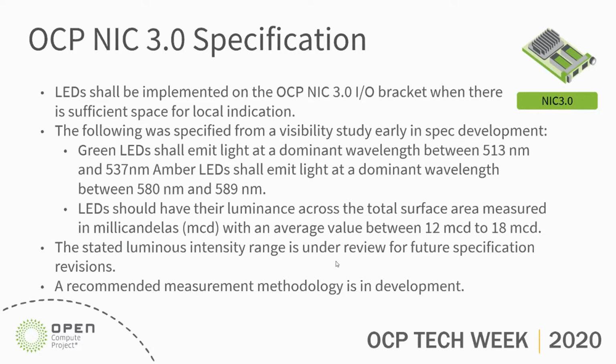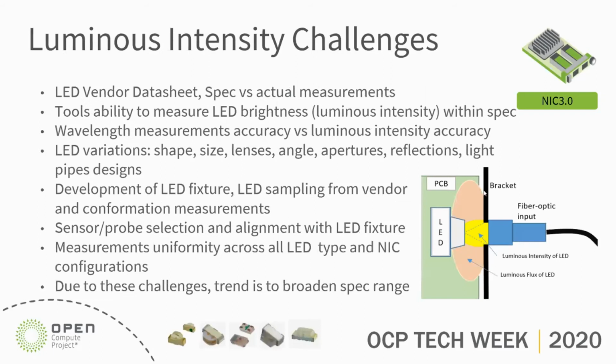That has been there since, I think, an earlier version of the spec, but we are working to put a more achievable range in the spec, hopefully in the next release. And then we also came up with a methodology that we'll be presenting today so that we can have a consistent measurement across products, across companies. So with that, Anatoly, go ahead with your next slide.